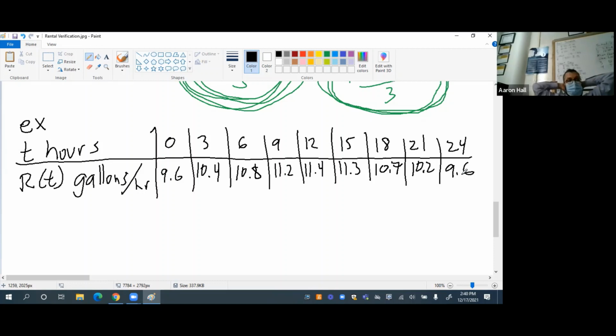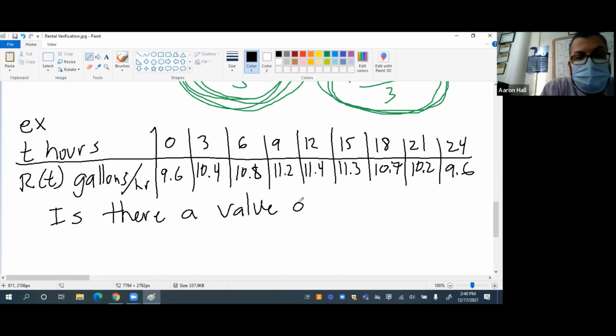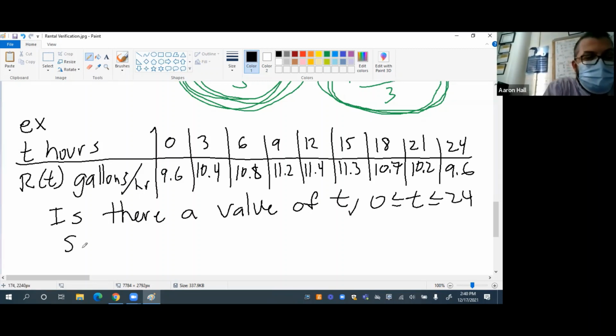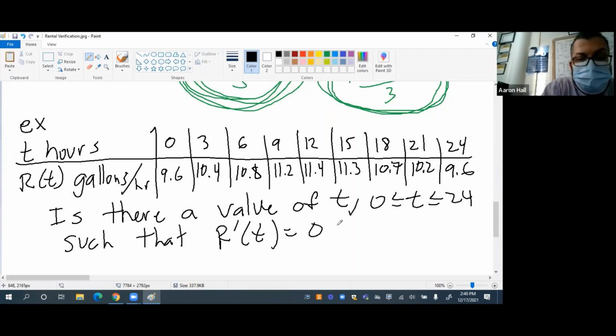Is everybody caught up? Here is your question. It's just a yes or no question. I want to know if there is a value of t in our interval from 0 to 24 such that r prime of t equals 0.